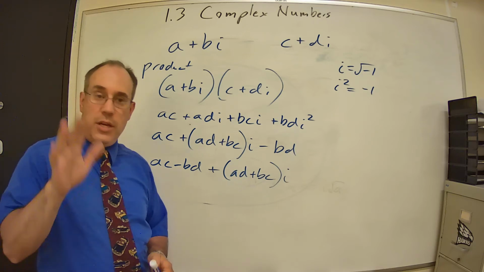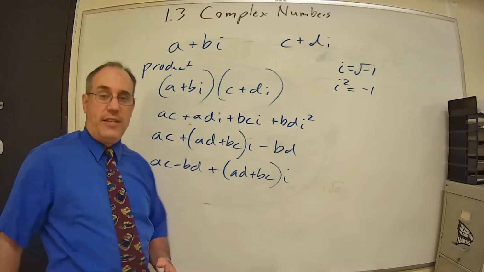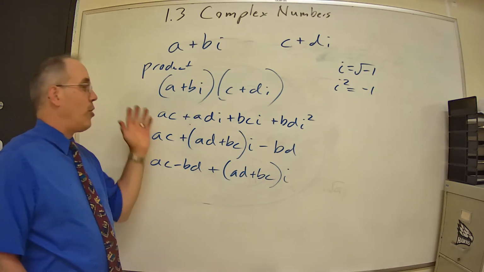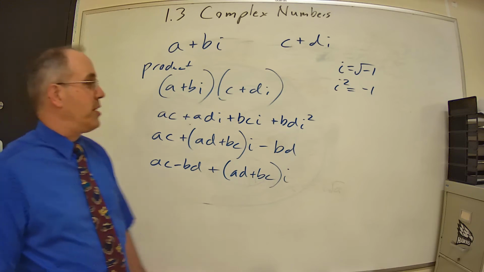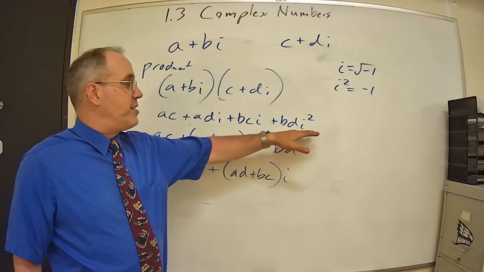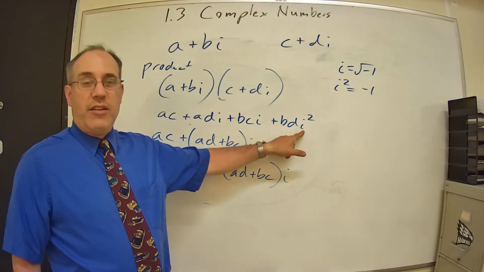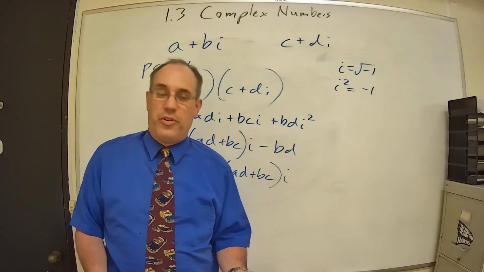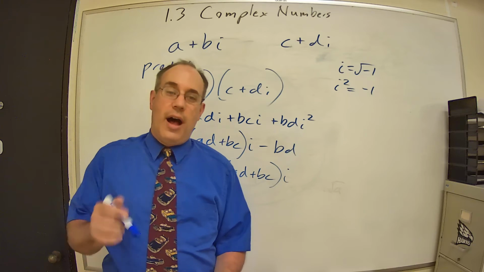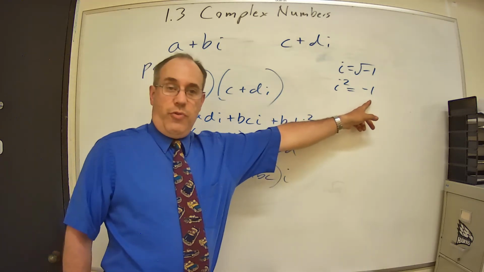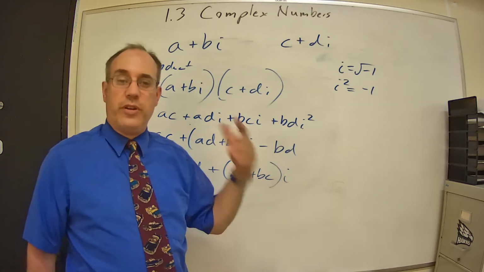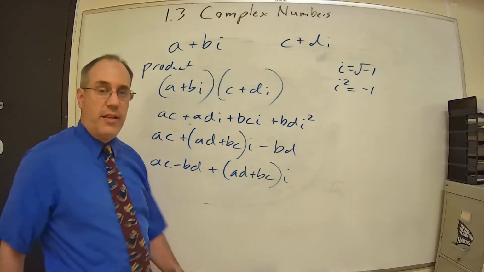For some of you, you may be able to memorize that, and if that's the case, go ahead and do it. Otherwise, just remember, all you're doing is FOILing. The big thing to take account of is that you're going to end up with i squared, and i squared is not just like x squared, where you have to leave it there as a variable. i squared is -1. So anytime you get an i squared, you're going to turn that into a -1, which means you're going to subtract that piece.